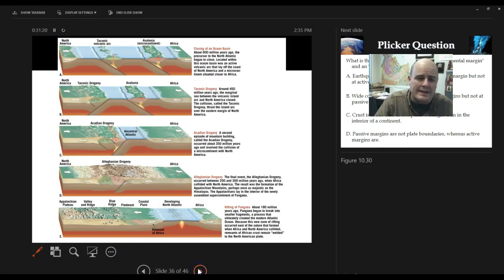Well, this happened in the eastern United States as well. This is what happened. We had what we call the Tectonic volcanic arc that was about 600 million years ago, and it was active, forming these big volcanoes off the coast. So here's an ocean-ocean convergence, forming this felsic kind of continental crust in these volcanic arcs.